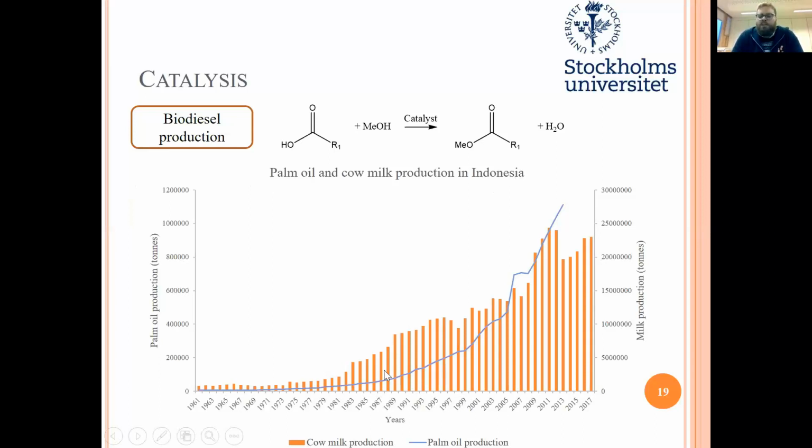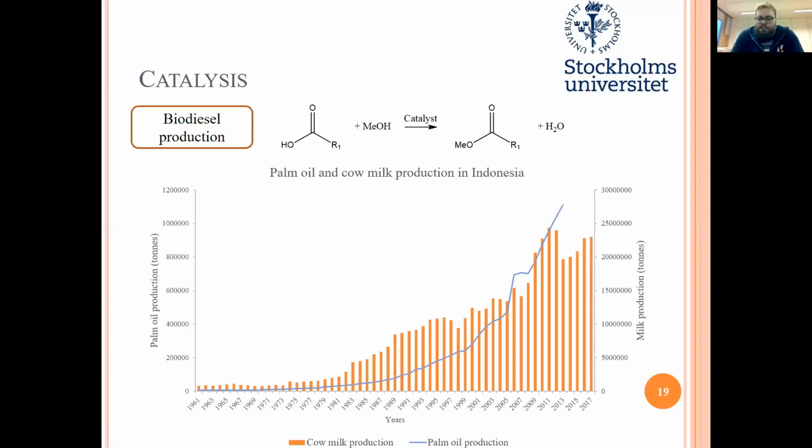We can see there's a correlation between increase in population and increase of waste production, milk production. So more milk production leads to more milk waste generated. And with them being the main importers of this oil, it's easy to see a relation between having waste milk, converting that into an active catalyst, and using your own produced palm oil to produce biodiesel.